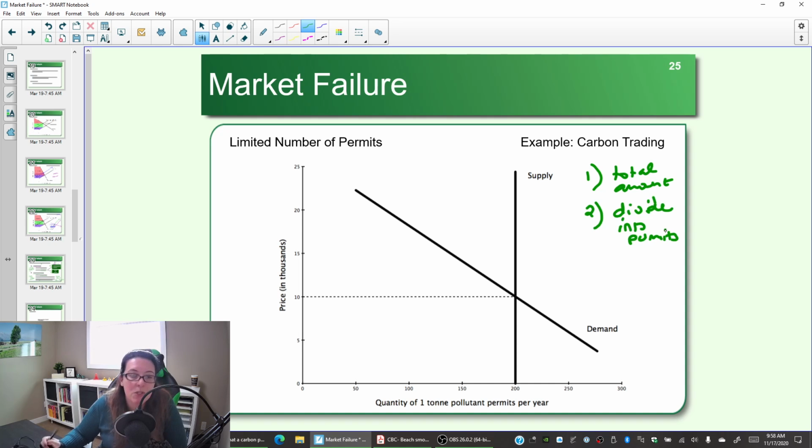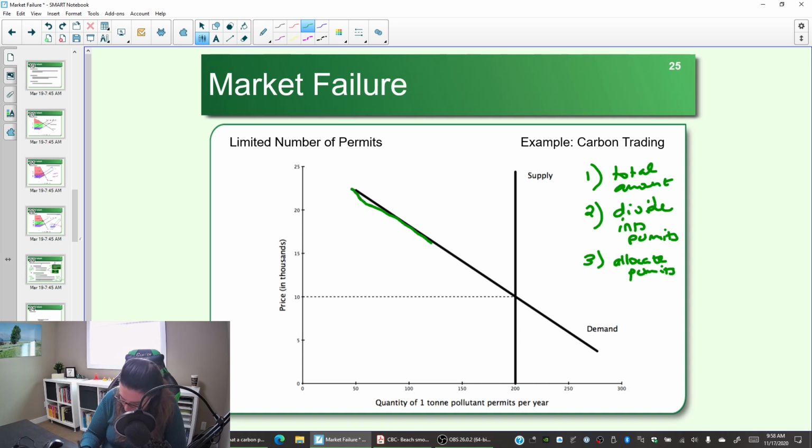Okay, so a certain amount of pollution per permit. Then what we do is allocate the permits among all the parties. So you have a certain amount of pollution you are allowed to emit. The rest is left up to the secondary market.